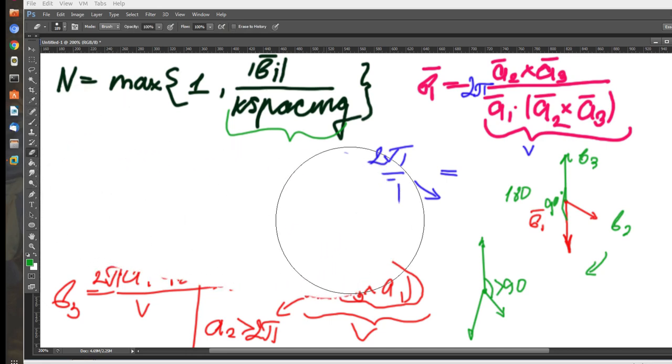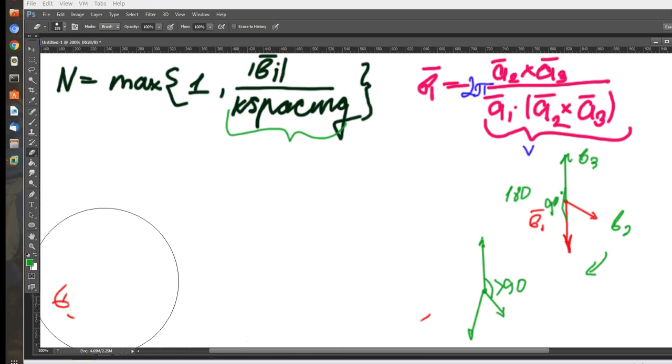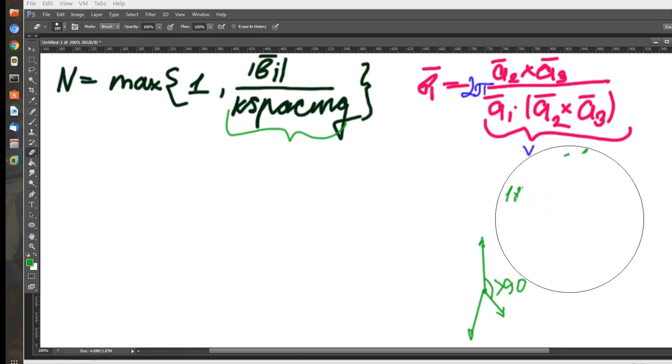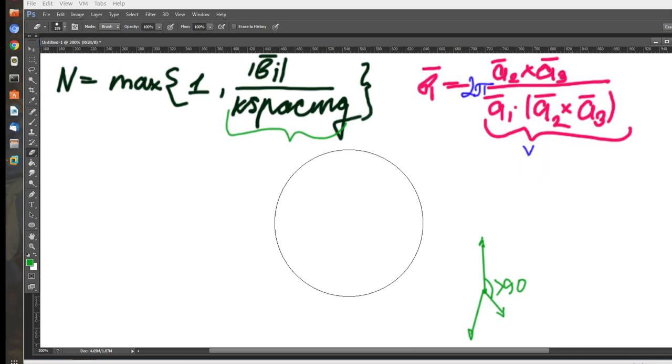So let me remove those beautiful drawings, and having all of that into account, n will be equal to the maximum of one or that number.